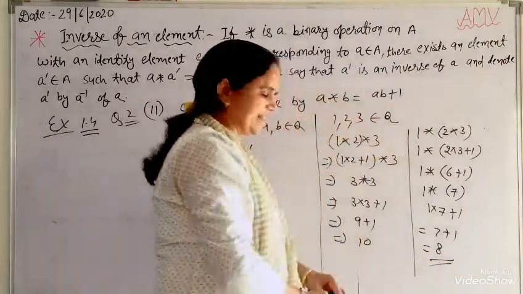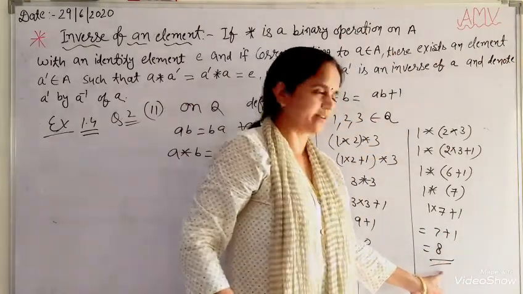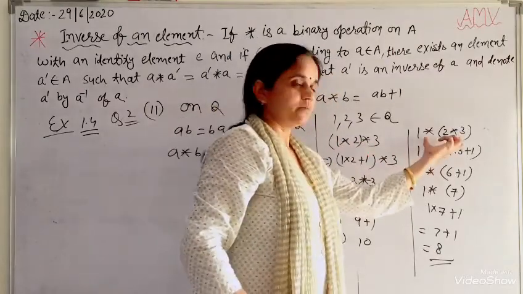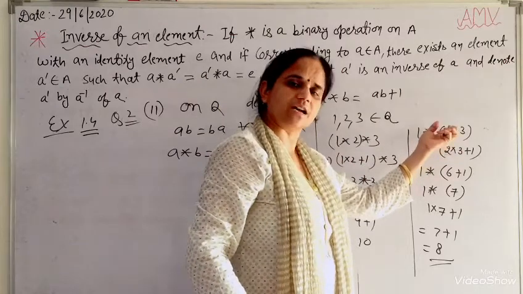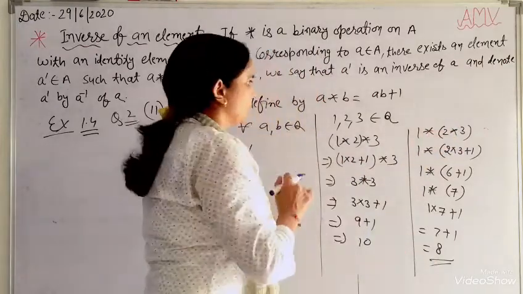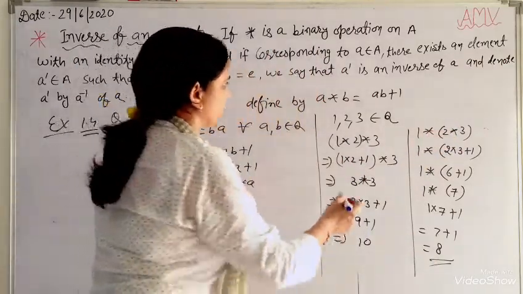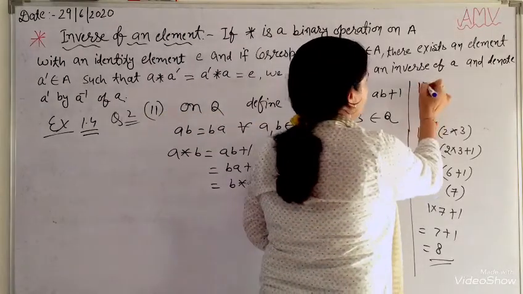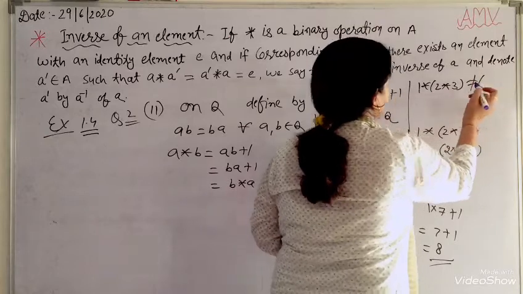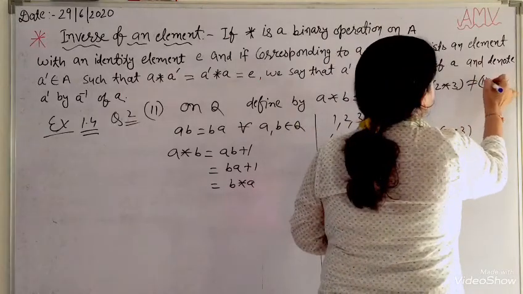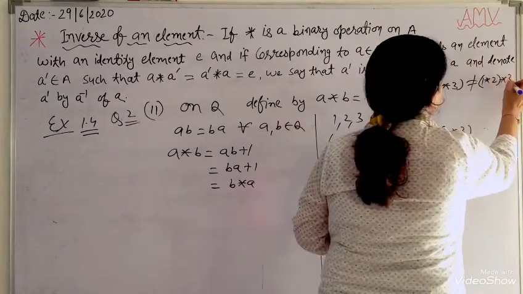So here it's 10 and it's 8. So (1 star 2) star 3 is not equal to 1 star (2 star 3). So it is not associative. You can write here that (1 star 2) star 3 is not equal to 1 star (2 star 3).